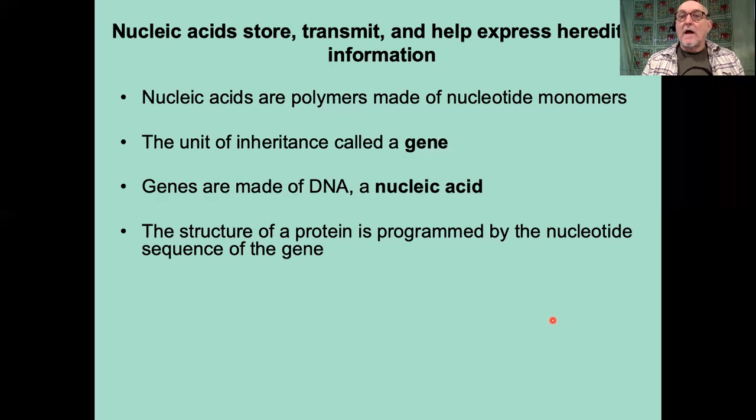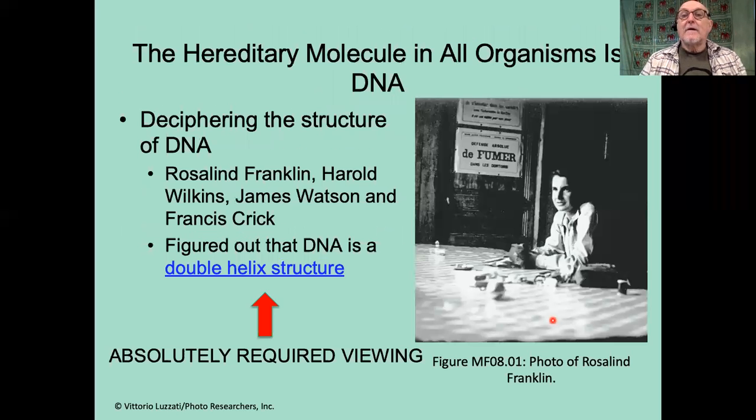Okay, so the structure. First of all, let me tell you that we've known about DNA for a very long time, since the 19th century. In the 19th century, there was a lot of interest in the nucleus of the cell, because it was observed that during cell division, the nucleus underwent some spectacular changes as a cell divided.